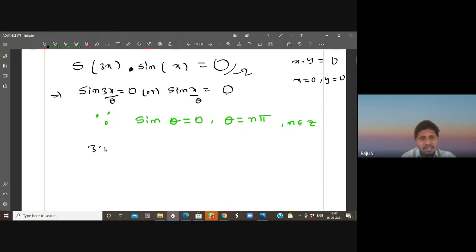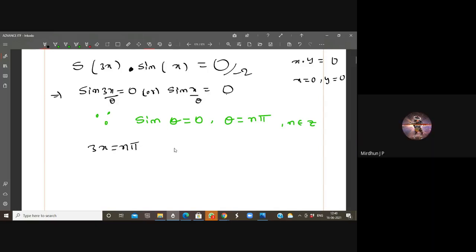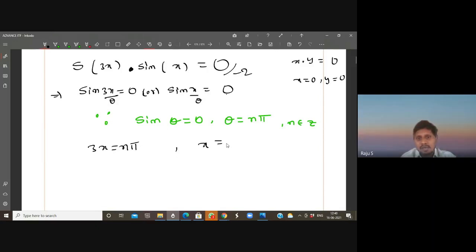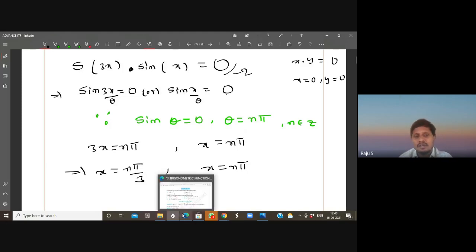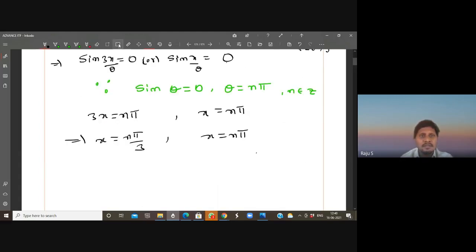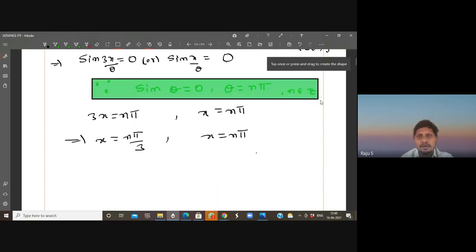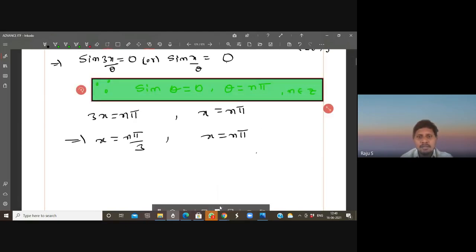Shall I write 3x is equal to n pi? So x is equal to n pi by 3. And from the other, x is equal to n pi. So finally, this is the general solution of the question. Very simple, you have to remember this.